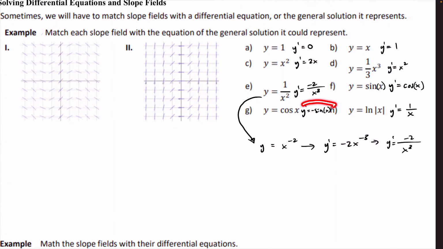So let's go over here. When x is 1, what's the slope? 0. These guys do not look like zeros, right? So that leads me to think this is going to be the answer, but let's keep going. I don't know, they don't really tell us, but pi over 2 or pi. As I get bigger in the x direction, it goes up and then goes down for both of them, right?